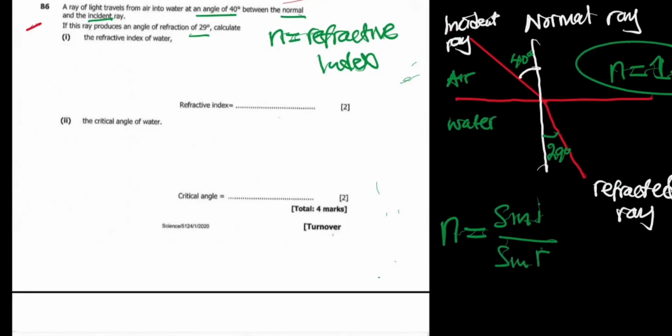That is going to be symbolized by r. So in this case, i is 40 degrees and r is 29 degrees. So let's go ahead and solve for the refractive index. n is equal to sine of the angle of incidence, 40 degrees, divided by sine of 29 degrees.